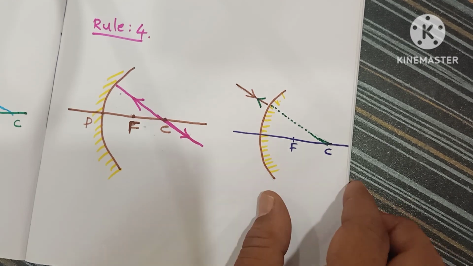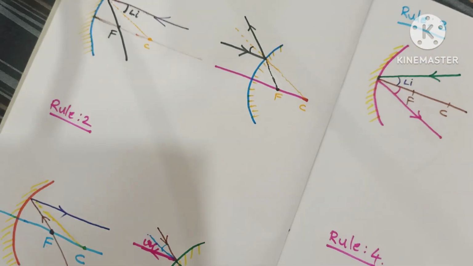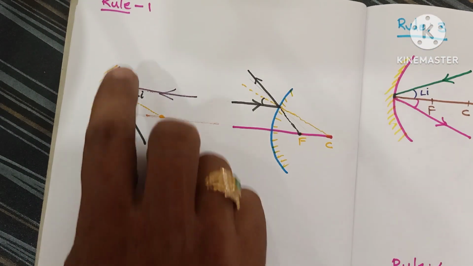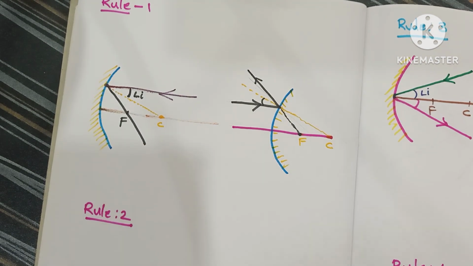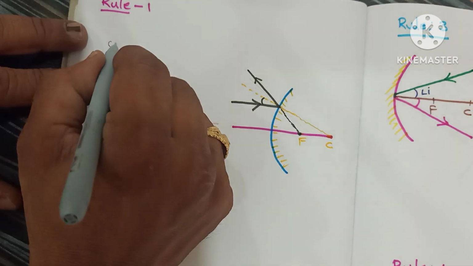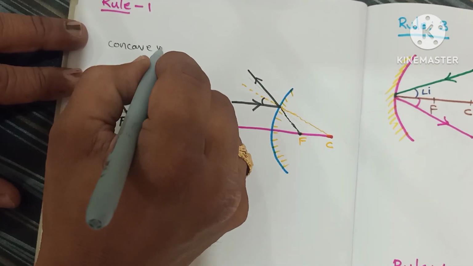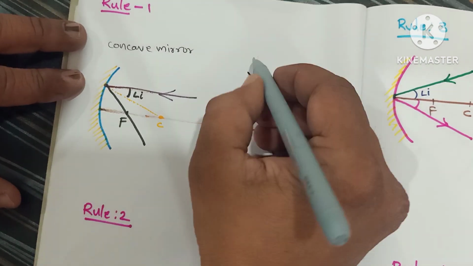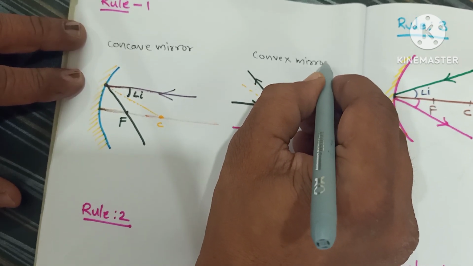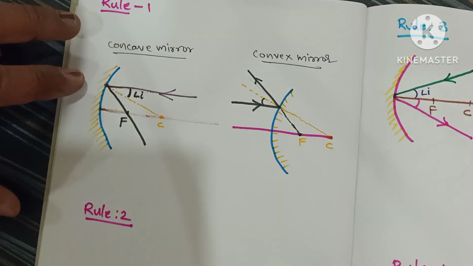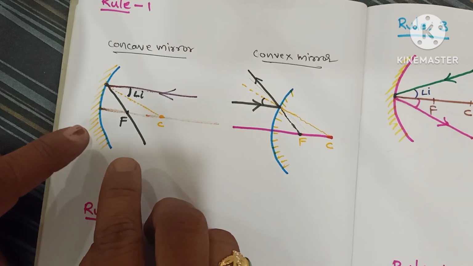Now let us recall all the rules. Rule 1: this is a concave mirror and this is a convex mirror. We need to write the description for the diagram also.